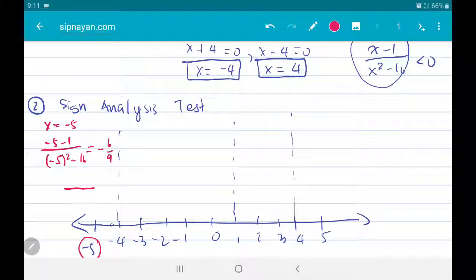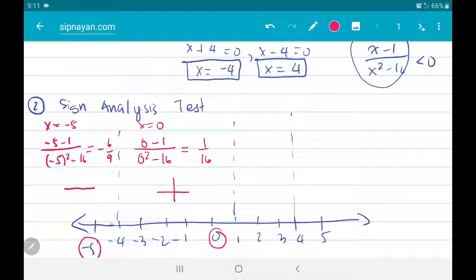What about here? Ang pinakamadali ay number x equals 0, di ba? So 0 minus 1 over 0 squared minus 16. This is equal to negative 1 over negative 16. So, magiging positive siya. Which means that yung interval na to ay positive siya, no?